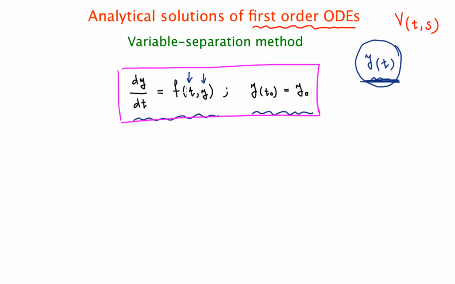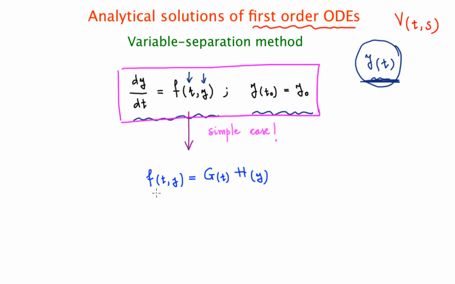In this case, we are going to consider a very simple case just to see how we can get the analytical solution for a particular simple first order ordinary differential equation. The simple case we're going to consider is the following. Let's consider that the function f depends on two functions where the time and y dependence is separated.